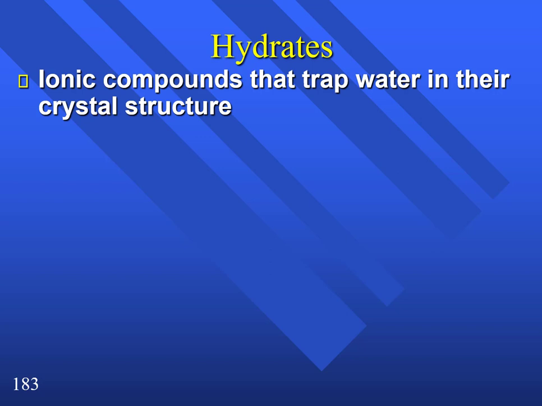As part of its pattern of alternating charges, water can hang on to some of those charges to make the crystal more stable, because oxygen has a negative end that can hang on to the positive ion and a positive end that can hang on to the negative ion, so it can help stabilize that crystal. So when it turns from something dissolved, you let the water evaporate, and it turns into a crystal, it grabs some of the water along the way, making that crystal.